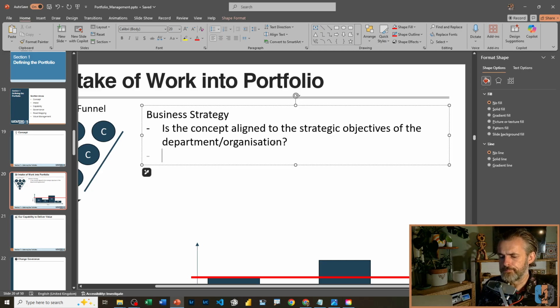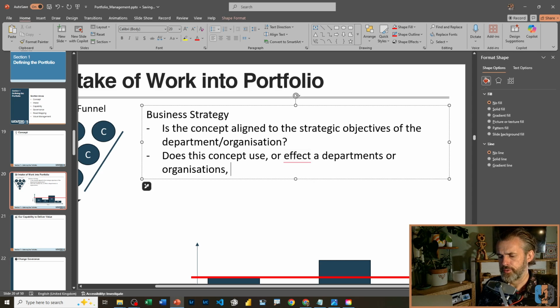So does this concept use or contribute or affect a department's or organization's key performance indicators.